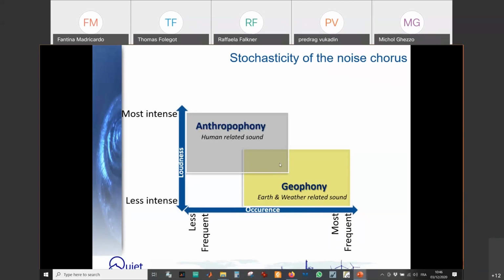In between, you have a gray area, or a superposition of both noises, a competition between both noises here, which is a little bit more complicated to describe.